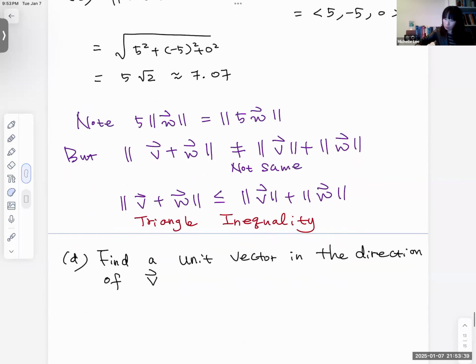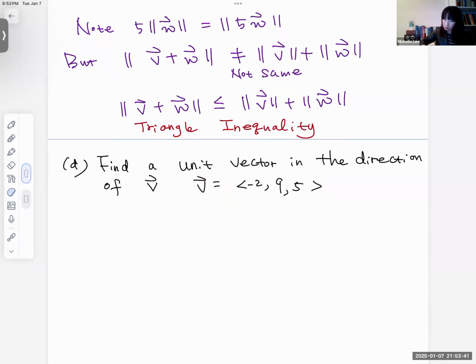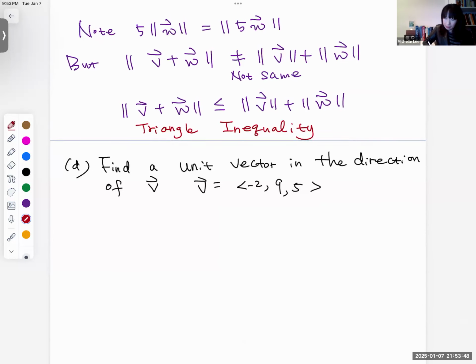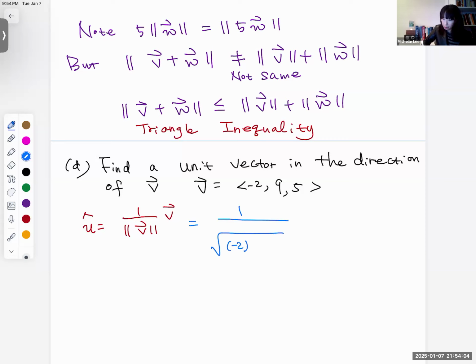Copy. Okay, so for the unit vector, the formula is 1 over the magnitude of vector v times vector v, right? Okay, so let's do it. 1 over the square root of negative 2 squared plus 9 squared plus 5 squared, times vector v.